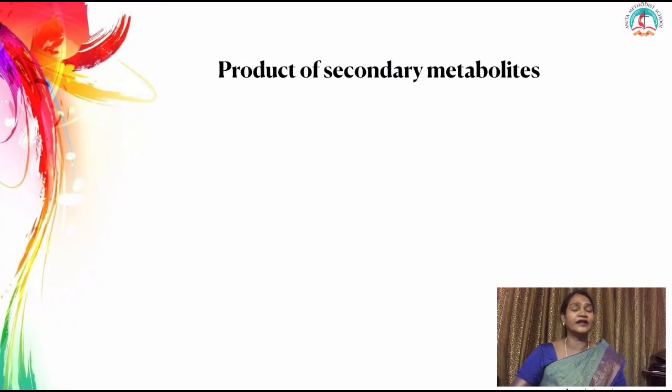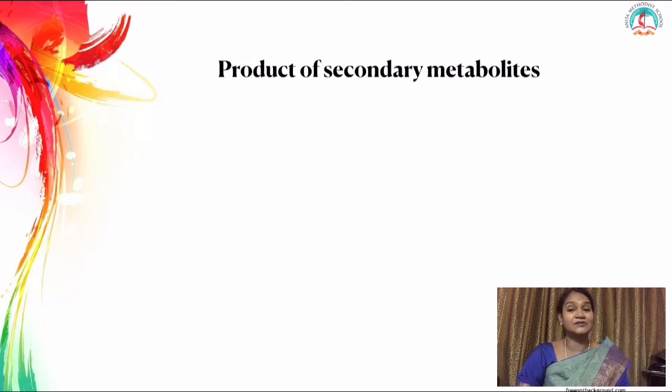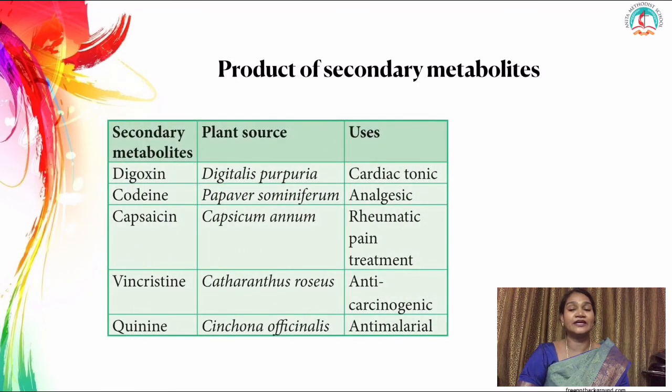So what are the products of secondary metabolites? The secondary metabolites are produced at the end of plant tissue culture. Some of the metabolites are digoxin, which has the plant source Digitalis purpurea, used as a cardiac tonic. Next one is codeine, from the plant source Papaver somniferum, used as an analgesic.